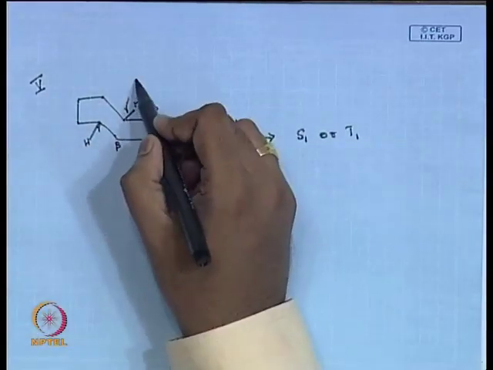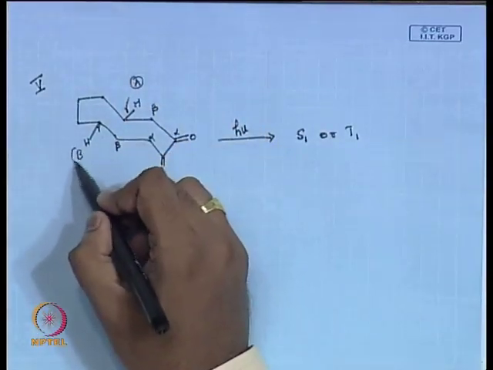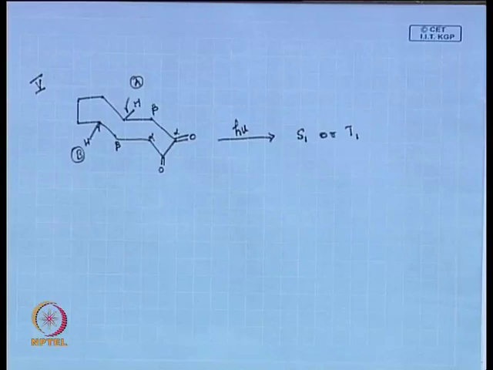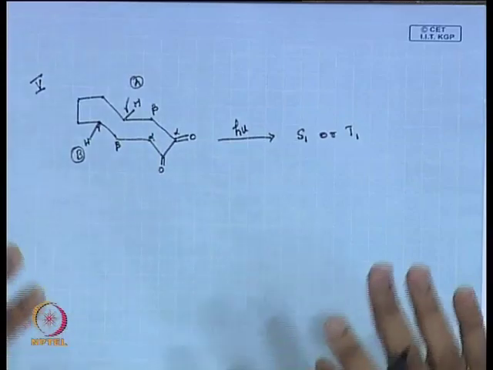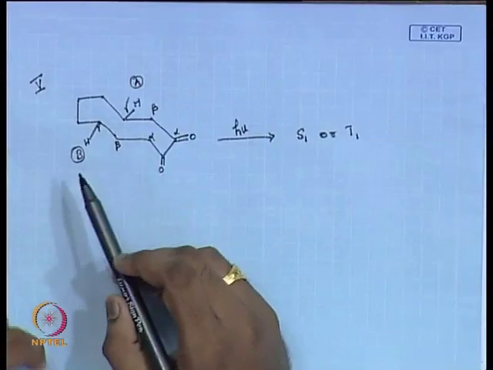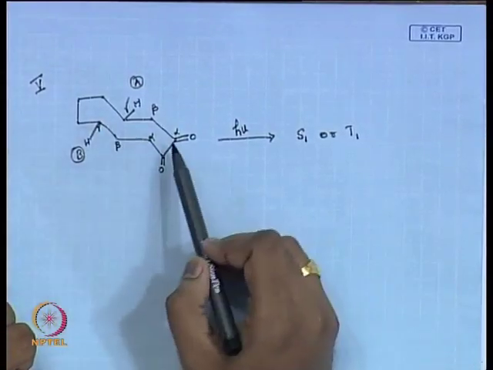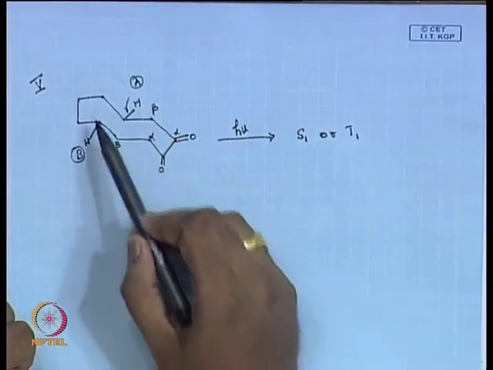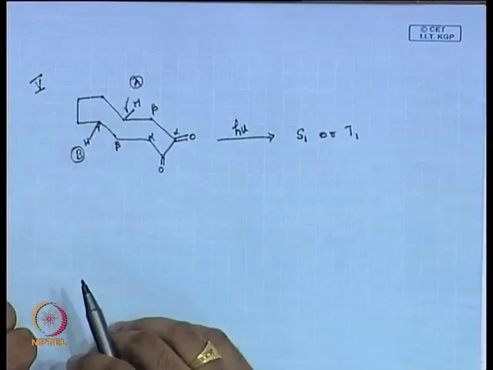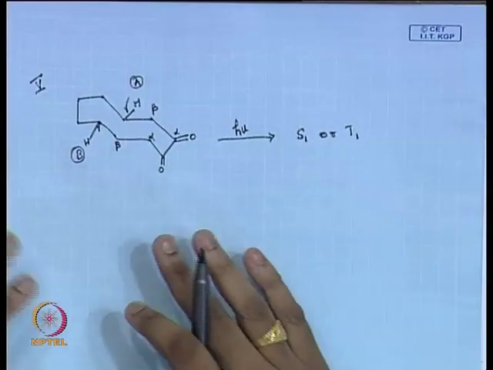So, we can call this as A, this as B. Which do you think? You have to think a little bit on the molecular structure. How many carbons is it? 1, 2, 3, 4, 5, 6, 7, 8, 9, 10, a 10 member ring system, right.